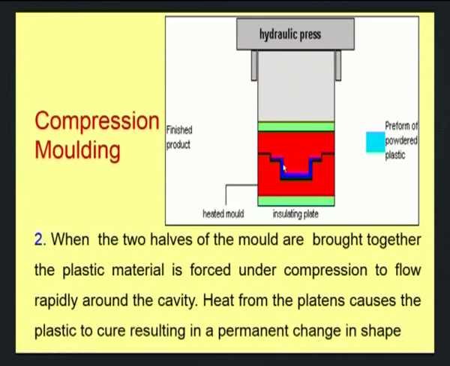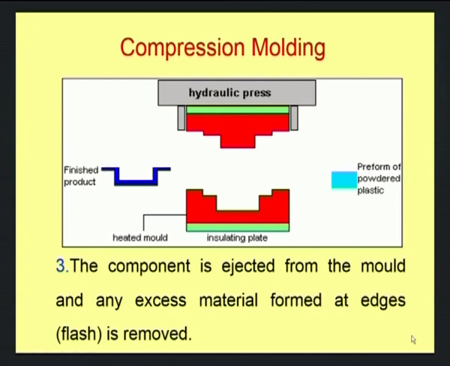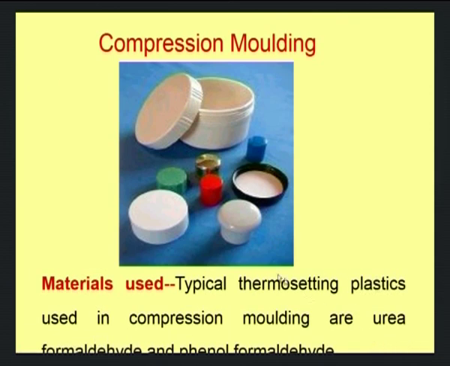Now, the resin will take the shape of this mold cavity. In the next stage, the top plate is moved up, and then the product is ejected out. And then there might be some flash also, that is nothing but the excess material that may come along with this product, which has to be trimmed. These are the typical compression molded products.